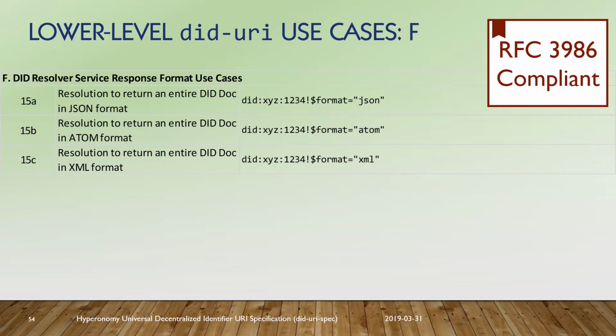F, DID resolver service response format use case. So this is asking the DID resolver to format the response in a particular way. So there's a URL for a specific DID document, and we're going to return it as JSON, as Atom, or as XML, and JSON being the default.